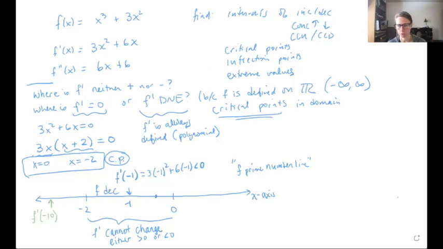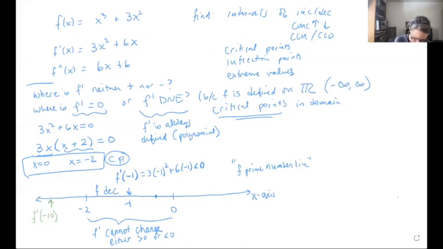Pick your favorite number and let me know, is the derivative positive or negative there? So if x is smaller than -2, is the derivative positive or negative? Pick any number you want. And my hint is sometimes the bigger number you pick, the easier it is.